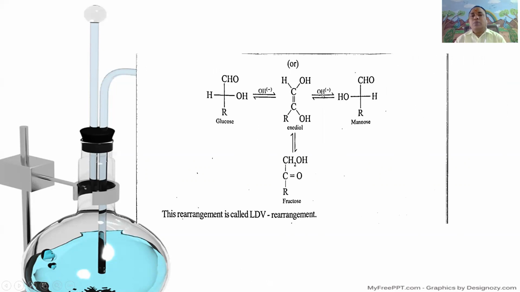The same thing can be obtained from mannose, and from fructose. This rearrangement is called Lobry de Bruyn-Van Ekenstein rearrangement.